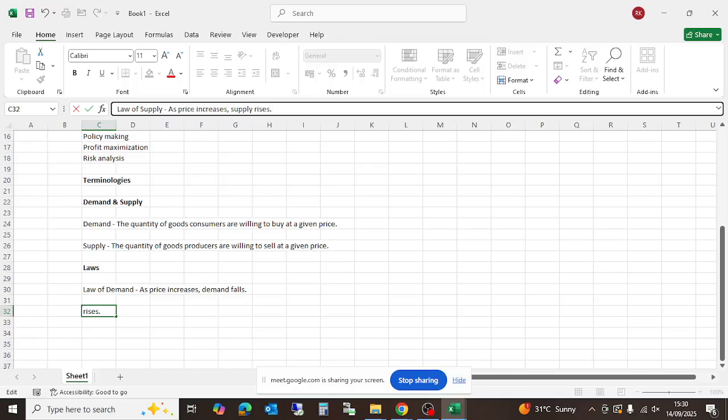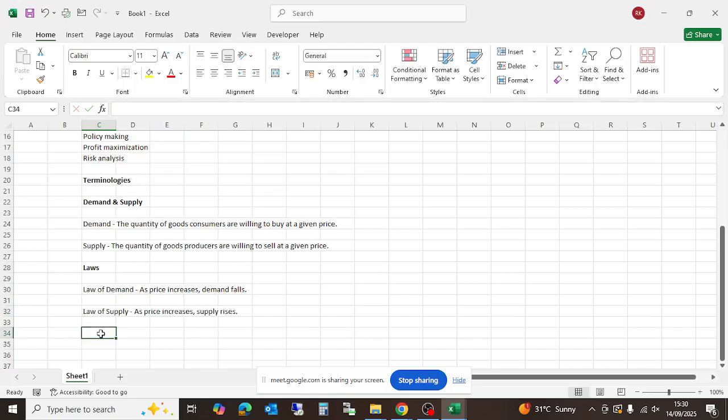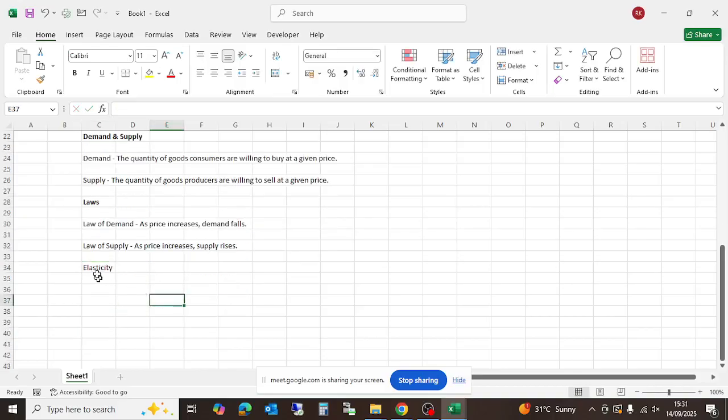Okay, and then apart from this, there's what we call elasticity. Has anyone ever heard of elasticity? Anybody?